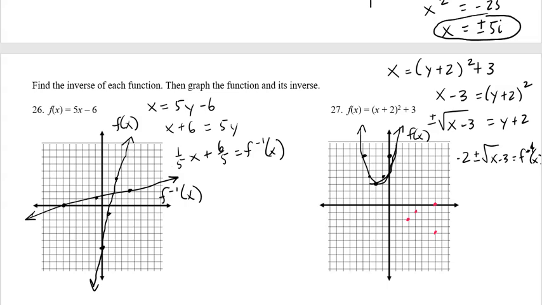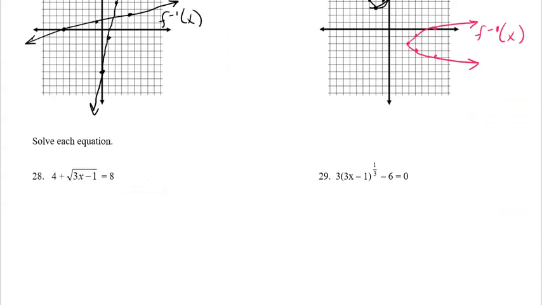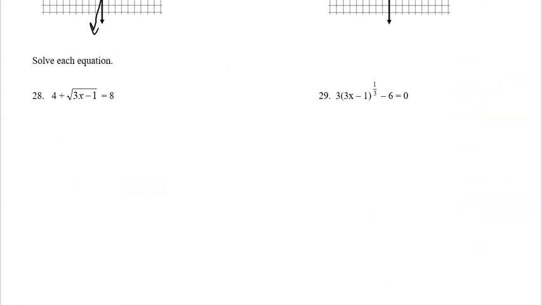And the other one is right here, 4, negative 3. So the red represents the inverse. We'll label it. And that's it. There's the way to come up with the inverse function, the graph of the original function, and the graph of its inverse. And we just have 2 more, and we'll be done with this.